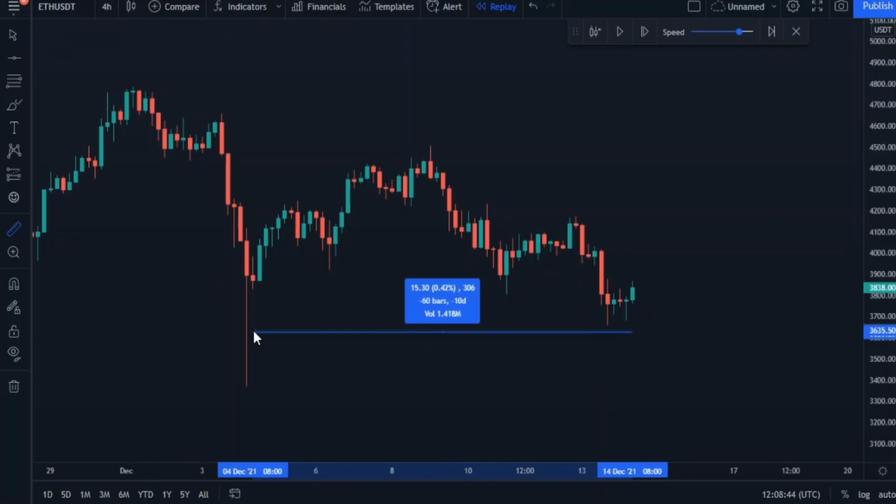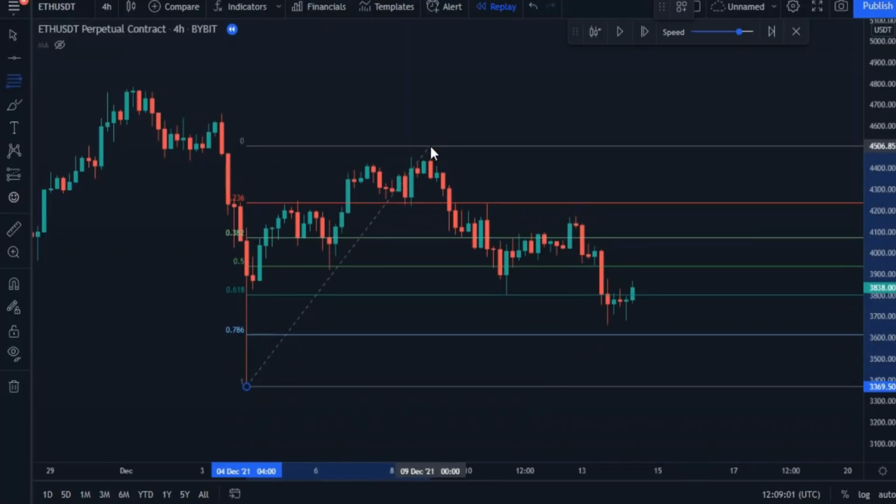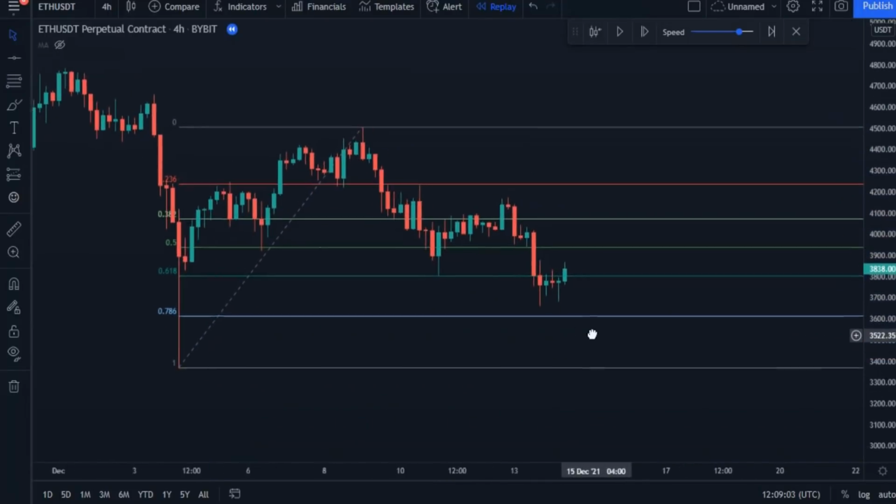In our case, we use a 4-hour frame, so a period of a week or 10 days will be good. Also, you must search for the lowest bottom and the highest top so that you can rely on it in setting levels. Well, let's set Fibonacci levels by using the Fibonacci tool from this bar. Now, let's apply it from the bottom to the top that we selected earlier.